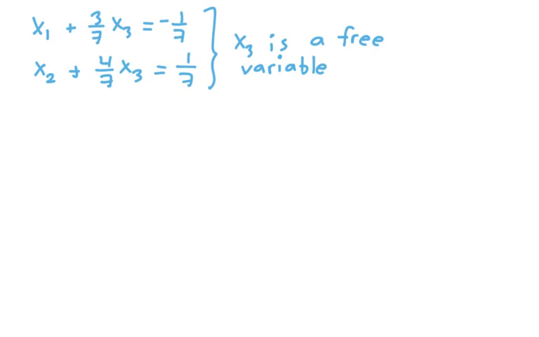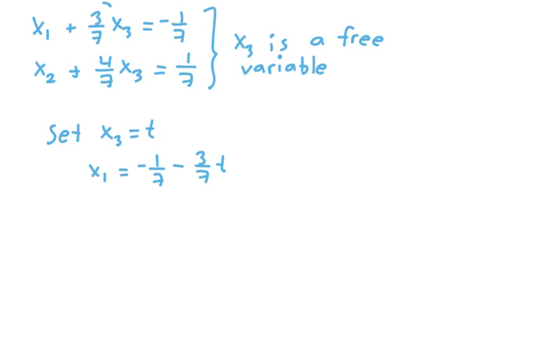And how do we address that? Well, I'm going to set x3 equal to, we can call it t. Are we in agreement that x1 is negative 1/7 minus 3/7 t?